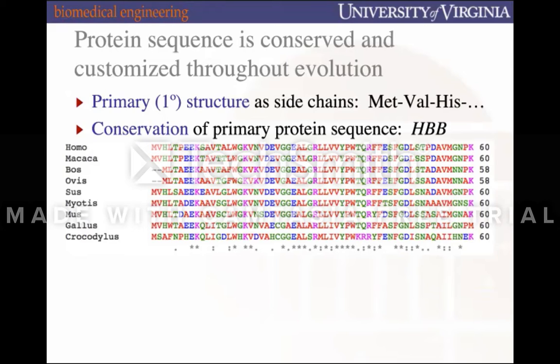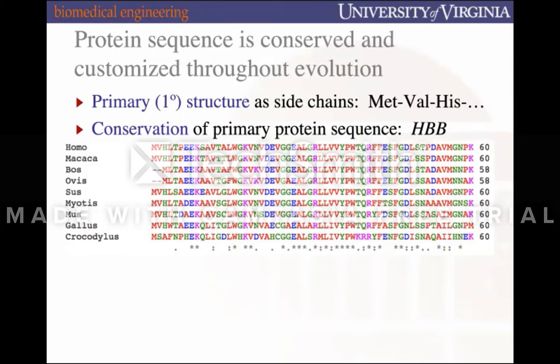And this is the gene for the beta chain of hemoglobin. And so what's really helpful to consider is that from humans down to chicken, we have about 150 million years of evolution. And what's really interesting is that we have sequences that are conserved across those millions of years.